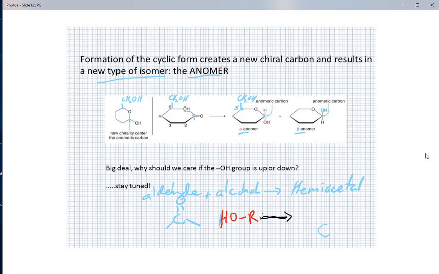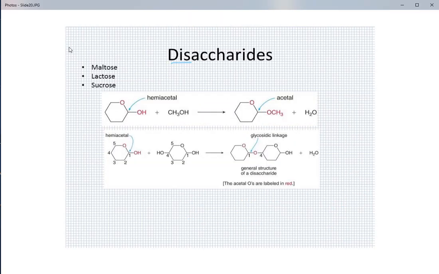This forms the alcohol, and then the ether. Oops, ran out of room there. So it's carbon, oxygen, carbon. This is the ether linkage. Here's the OH. So the carbon that had the aldehyde, the carbonyl, gets the alcohol group. Whether it's down or up, we call it alpha or beta, and this becomes important when we get into di- and polysaccharides.